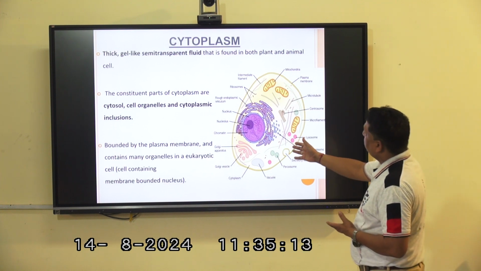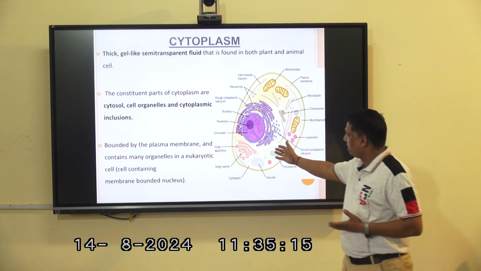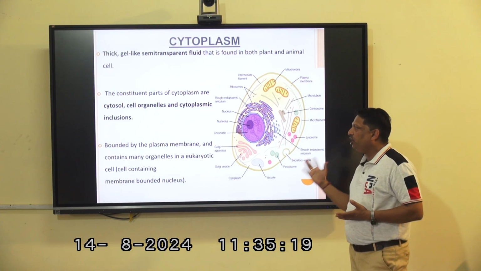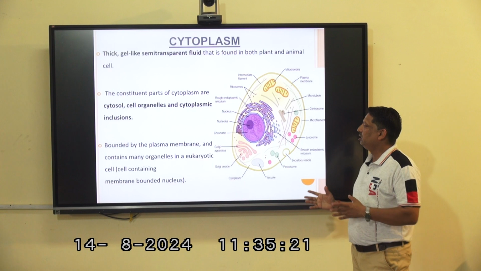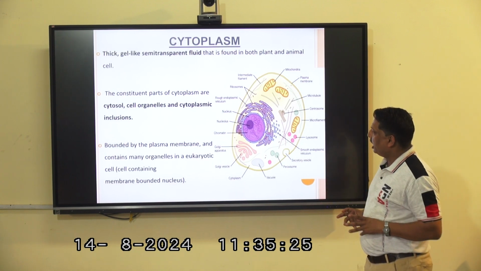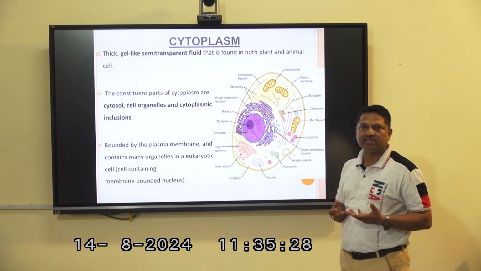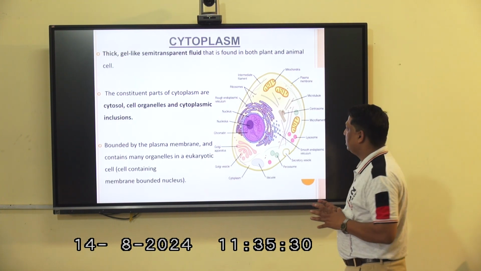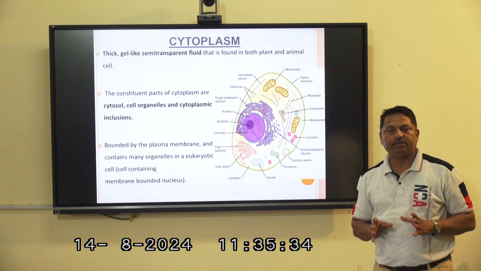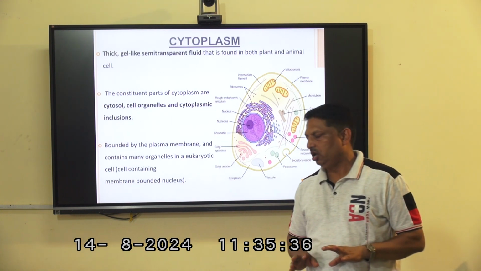The chromatin network again plays a very significant role, because it is the main factor that distinguishes between prokaryotic and eukaryotic cells, such as bacterial cells and other cells. Prokaryotic cells, the bacterial cells, don't have any chromatin network.